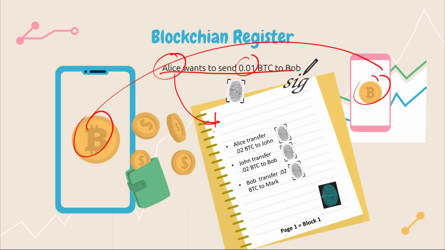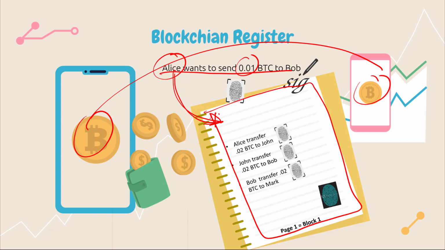If you remember from my previous video on the introduction to blockchain, a blockchain is a special type of database, no different than the spiral notebook you have, which is kind of a ledger. So all the transactions go into the blockchain, and every page in this notebook is just like a block in the blockchain.